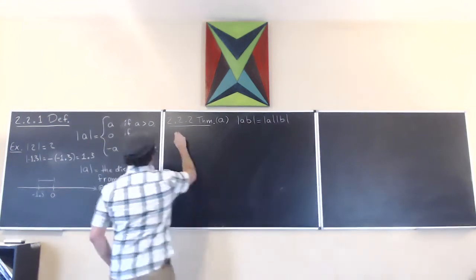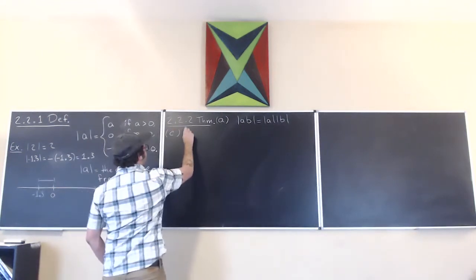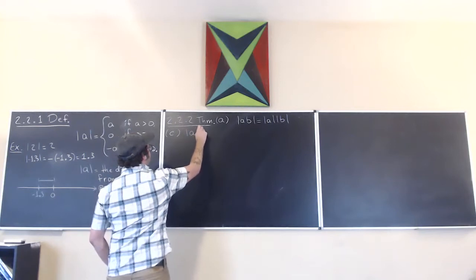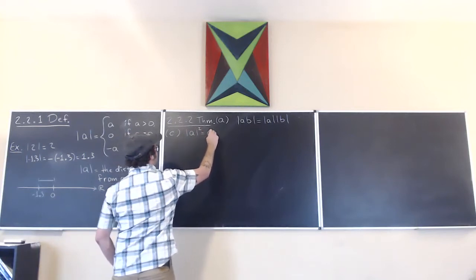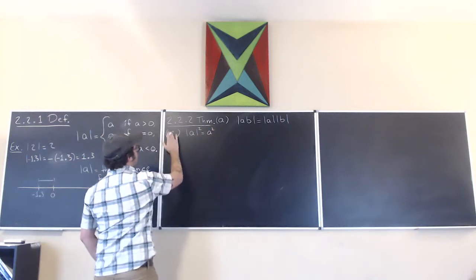For part C, we have the absolute value of A squared is equal to A squared. Oh no, it's part B, I'm sorry.